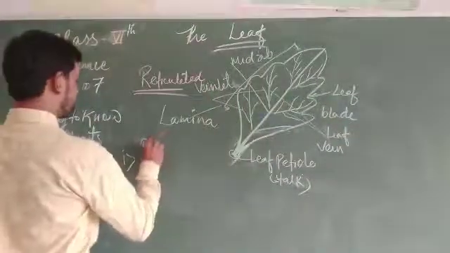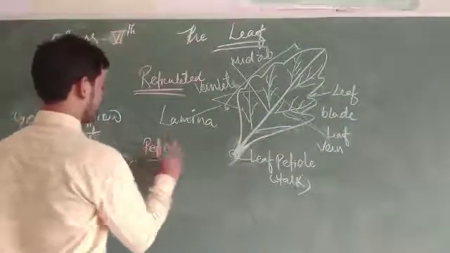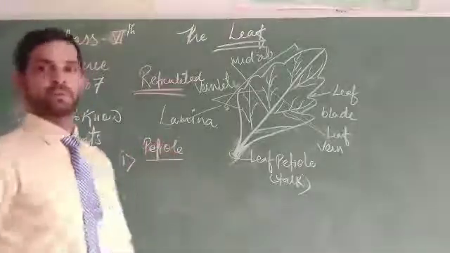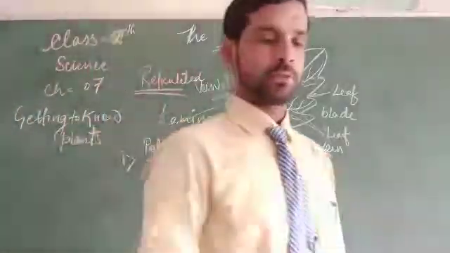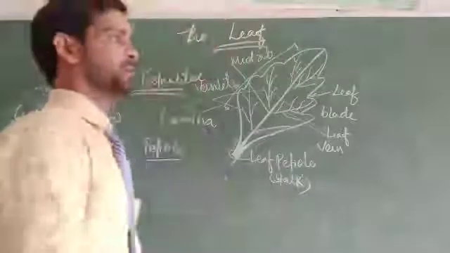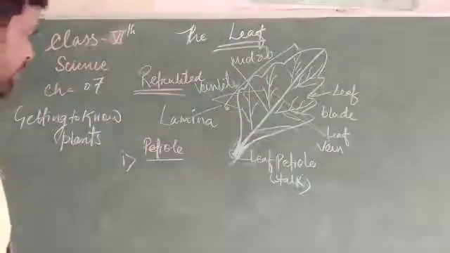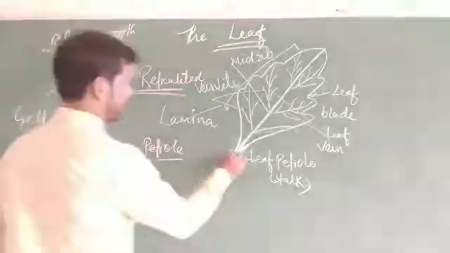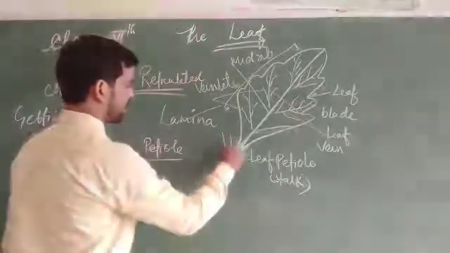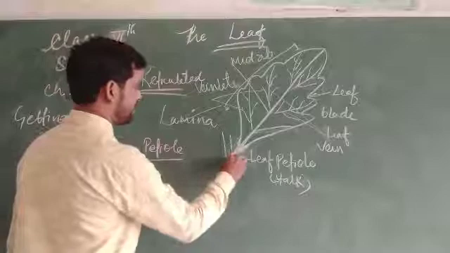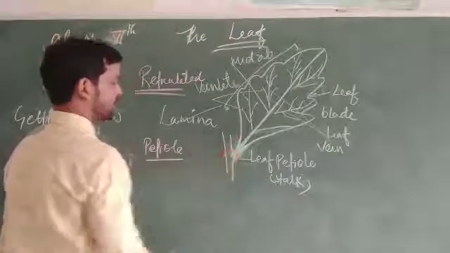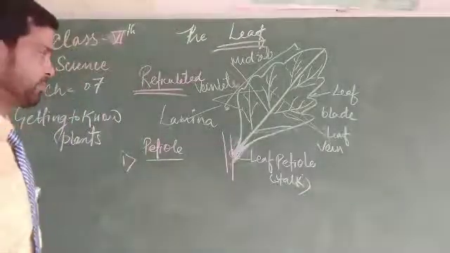The first one is the petiole. What is the petiole? The petiole is the part on which branches and leaves grow. A leaf is attached to the stem with the help of the petiole.